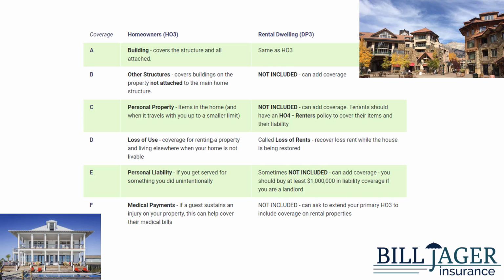Here's the easiest way that I can show this to you in picture format so that you can take a snapshot, or you certainly can contact me for this kind of information just to help compare. We'll go down this quickly from the different types of coverages A through F. You've got homeowners on the left side, and rental dwelling, or DP3, on the right.